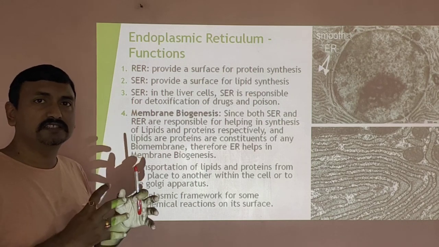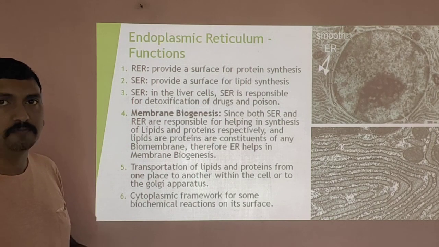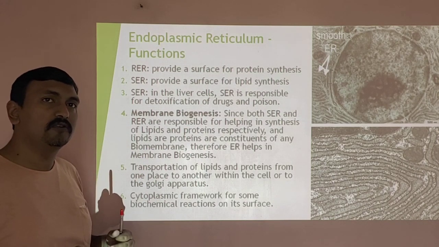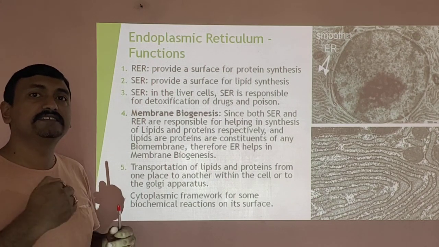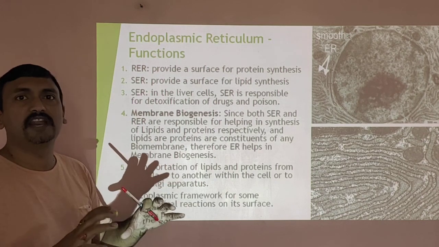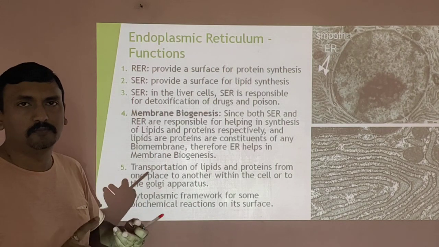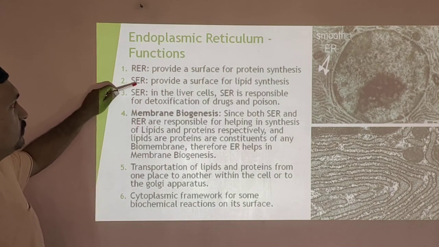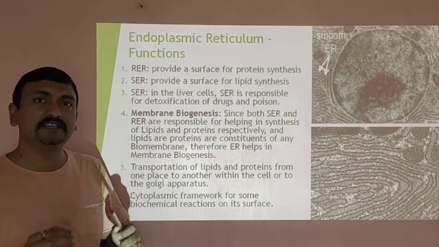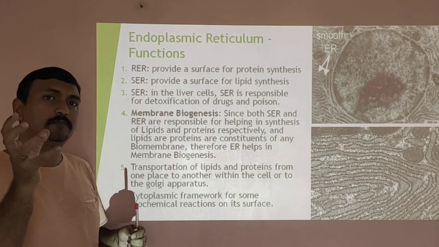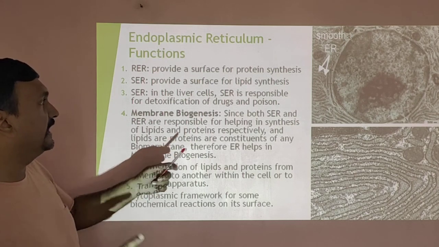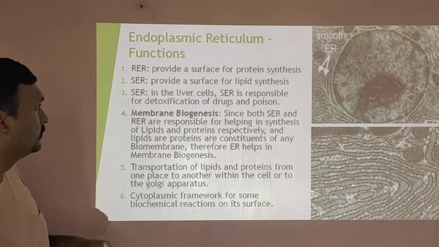Ribosomes are present on the surface of endoplasmic reticulum. So endoplasmic reticulum is providing a kind of site, a surface, a place where ribosomes can bind and carry out protein synthesis. Similarly, smooth endoplasmic reticulum provides a surface where certain specialized enzymes can carry out lipid synthesis.